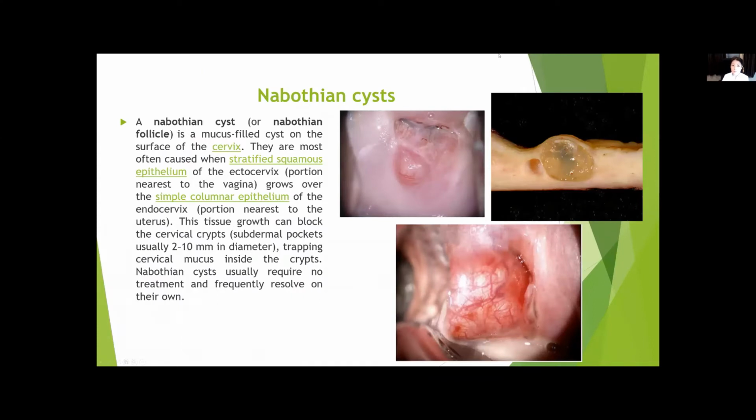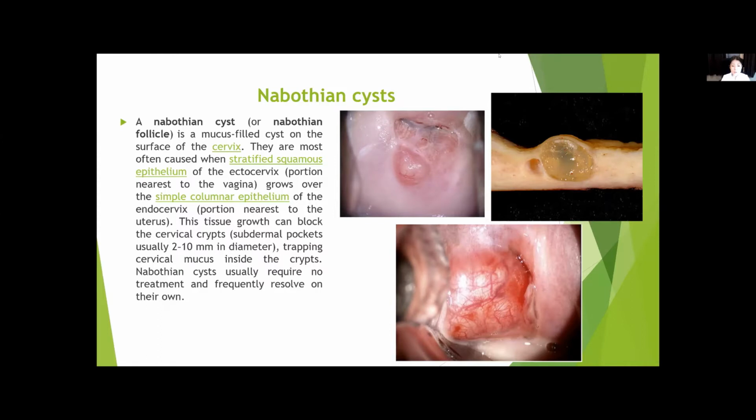Nabothian cyst is a mucus-filled cyst or follicle on the surface of the cervix. They are most often caused when stratified squamous epithelium of the cervix portion nearest to the vagina grows over the simple columnar epithelium of the endocervix portion nearest to the uterus.